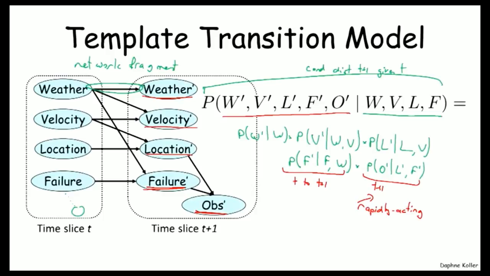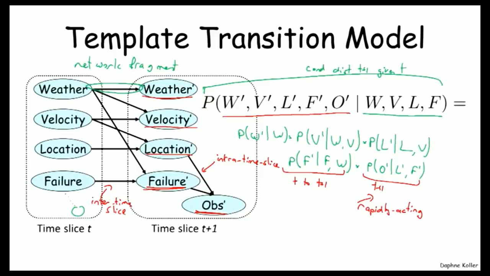So these kinds of edges, let's just give them names. These are called intra time slice edges, and these are called inter, or between, time slice edges. And a model can include a combination of both of these.